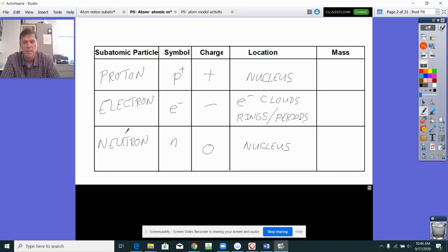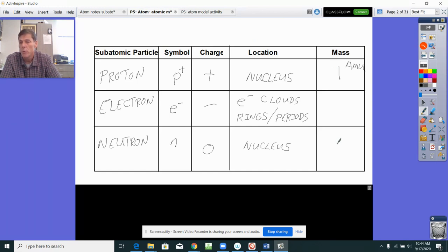I'm not going to go into the specifics behind what they are. I'm just going to give you the values. A proton has a mass of 1. Technically, it's 1 AMU. We're just going to use the number 1. AMU stands for atomic mass units. Yeah, scientists were a creative group. Okay, so protons have a mass of 1.